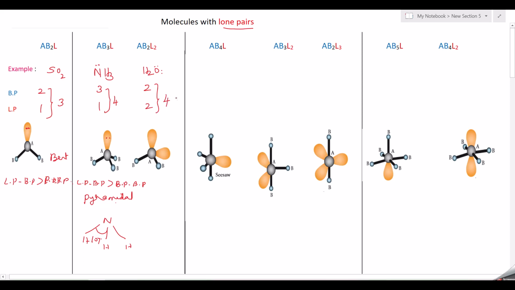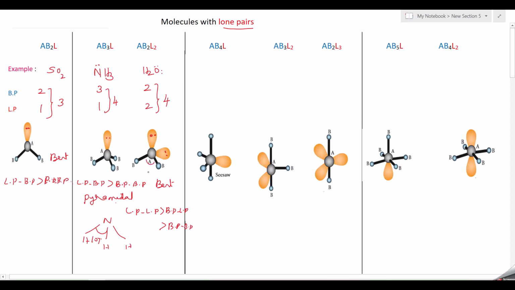So the expected structure is tetrahedral, but due to the presence of these 2 lone pairs, you have lone pair-lone pair interaction which is greater than lone pair-bond pair interaction which is greater than bond pair interaction. Therefore, the shape is highly distorted and you are getting a bend shape or V shape.